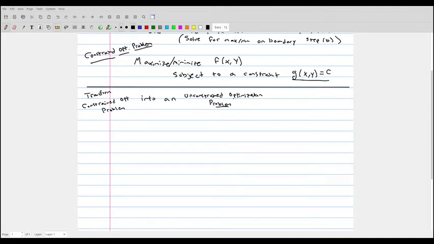You just find the critical points and verify that those critical points are in fact global maximums of this new unconstrained optimization function.